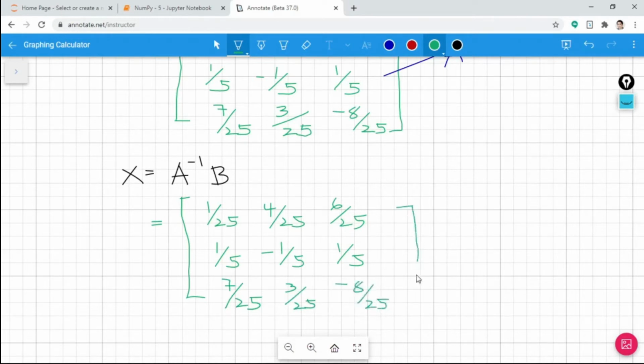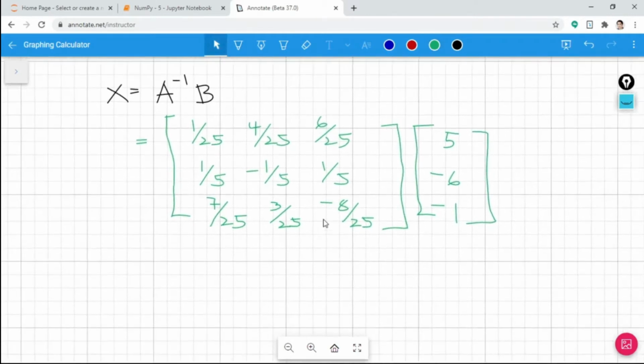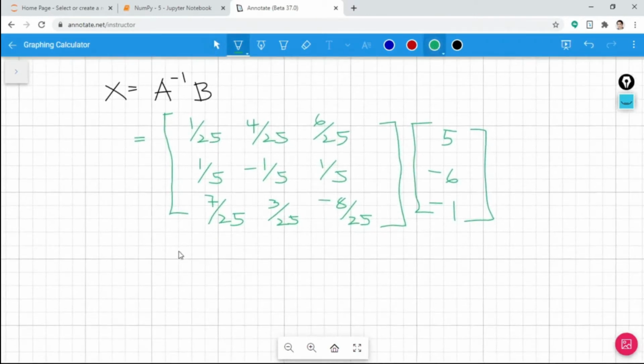Multiplied by b, which is 5, negative 6, and negative 1. If we distribute this by matrix multiplication, we will have the following values. This one is 5 over 25.